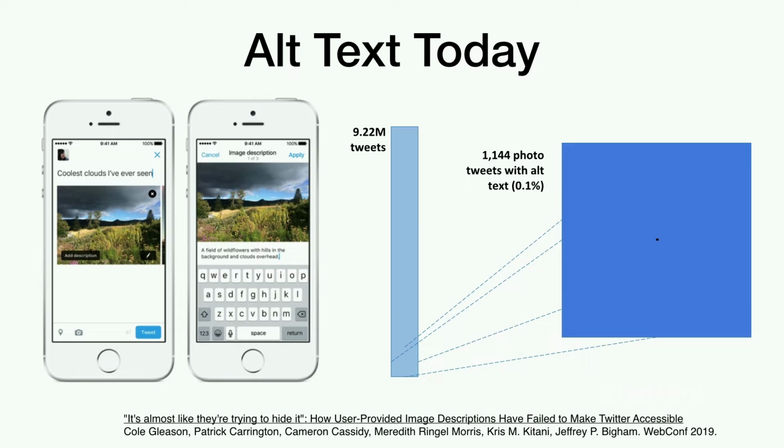The amazing thing: we crawled over 9 million tweets. The joke is we were going to write on this little bar how many of those image tweets had alt text, but you couldn't see it if we did that. So we had to blow up this little area into this big box, and that black dot is the 1,000 of the 9 million tweets that actually have alt text, because no one does it.